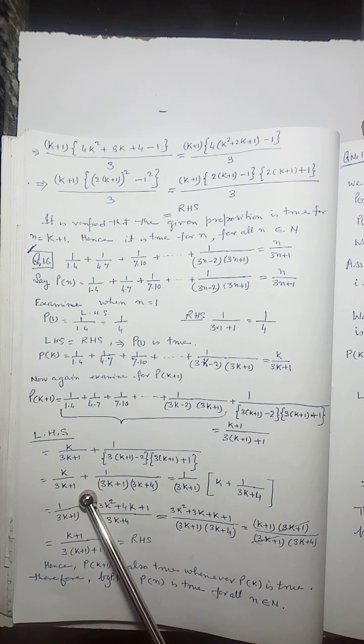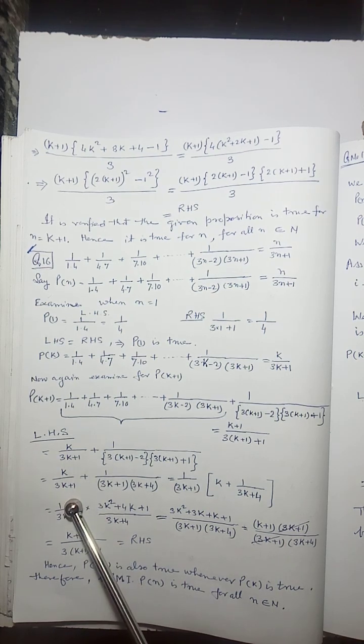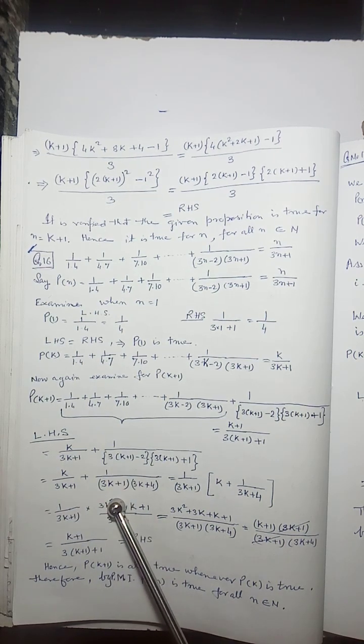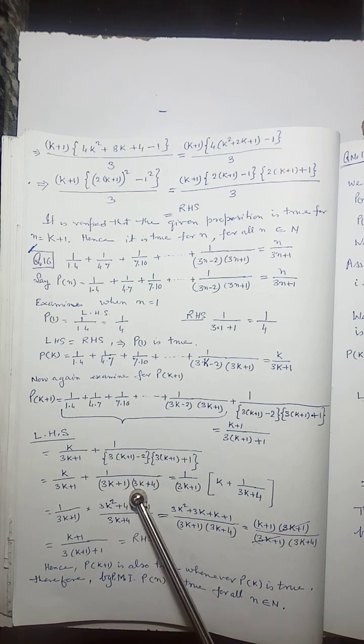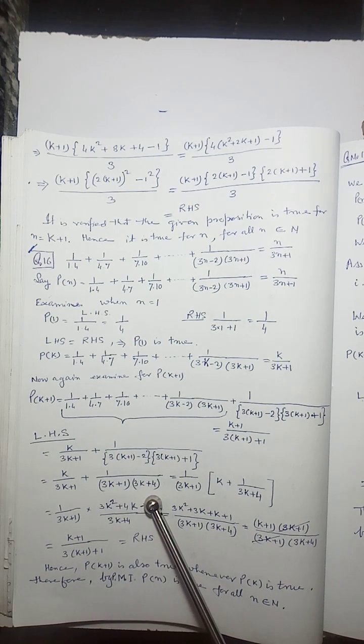Now solve it here: k upon 3k plus 1 plus 1 upon (3k plus 1)(3k plus 4). Solve it, you will get 3k plus 4.